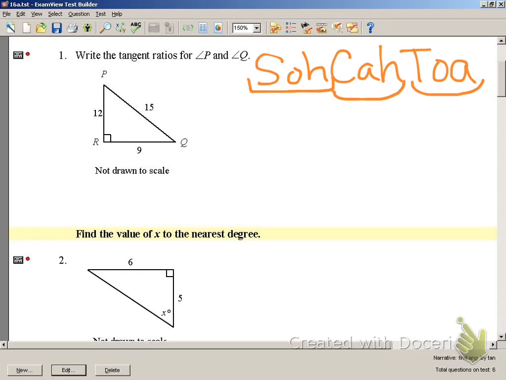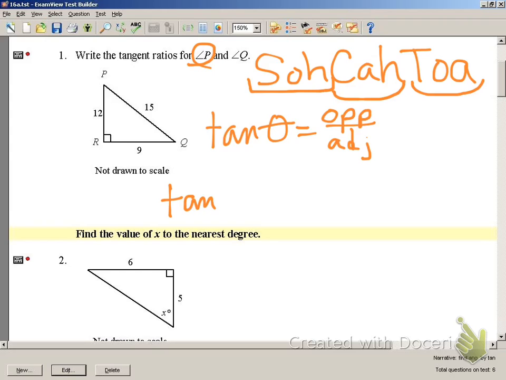So when we're talking about tangent, then the tangent of theta, or tangent of some random angle, equals the opposite side over the adjacent side. Since we're talking about tangent of P first, we will have the tangent of P equals, in reference to angle P, its opposite side is 9, its adjacent side is 12.